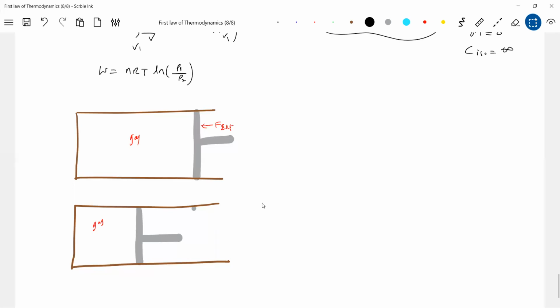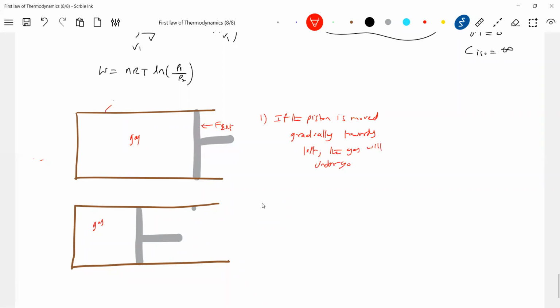So I'll put it here. If the piston is moved gradually towards left, okay, there's an iron conducting cylinder.